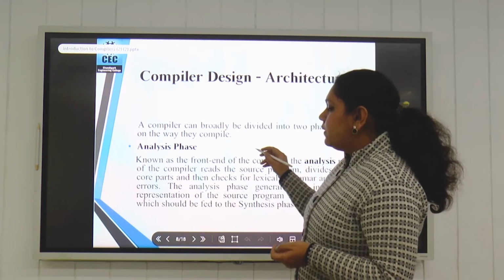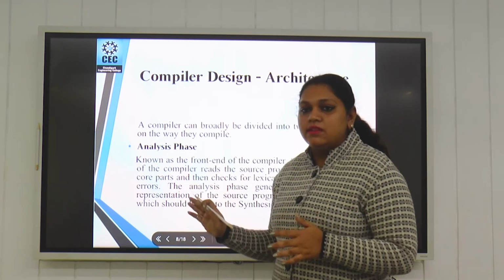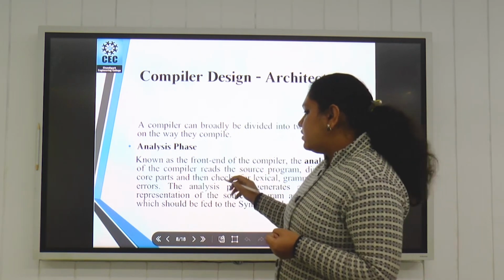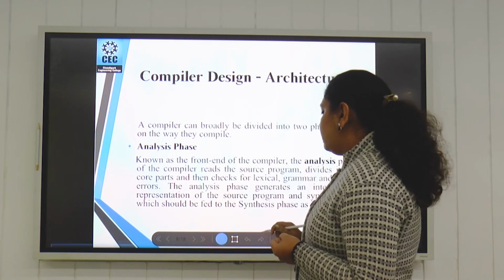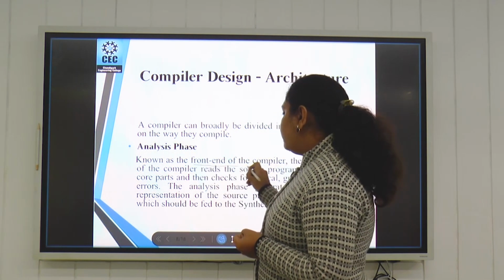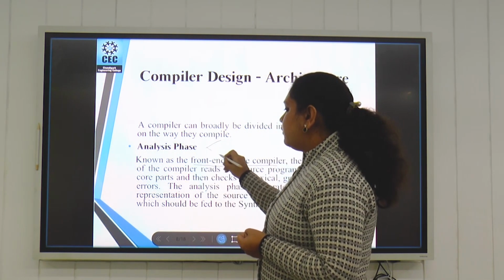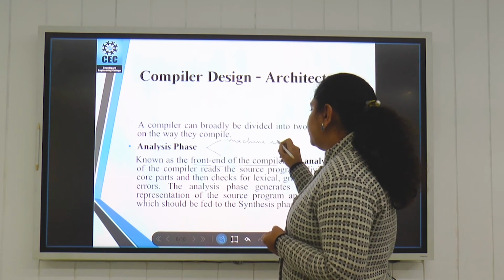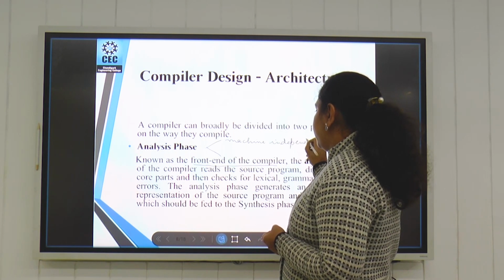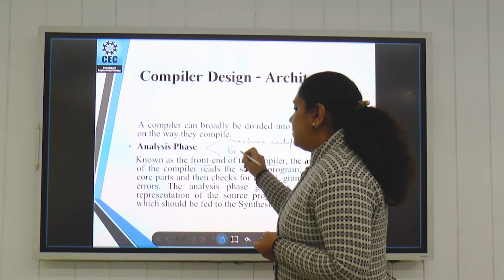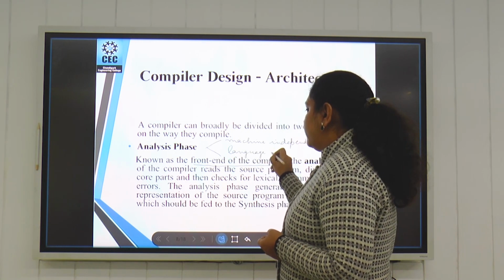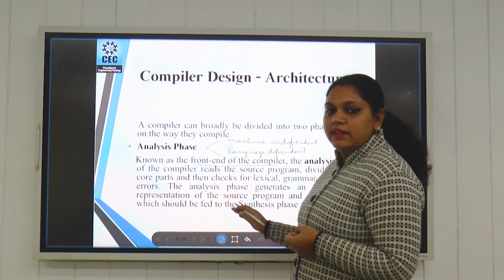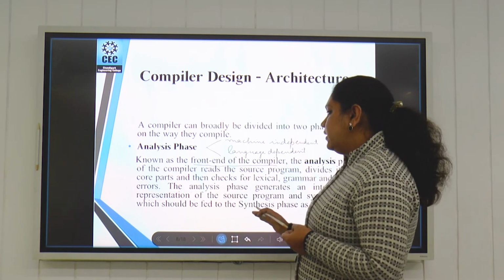What is the major difference between the analysis phase and the synthesis phase? The analysis phase is known as the front end of the compiler, and its basic features are that it is machine independent but language dependent. We will learn three phases in the analysis phase: lexical analysis, syntax analysis and semantic analysis.